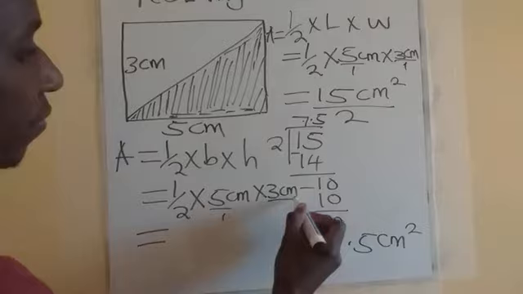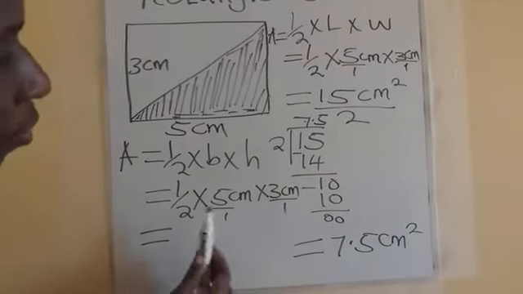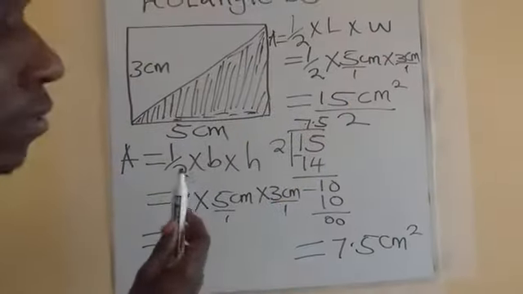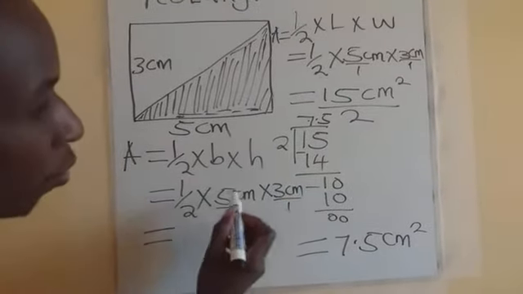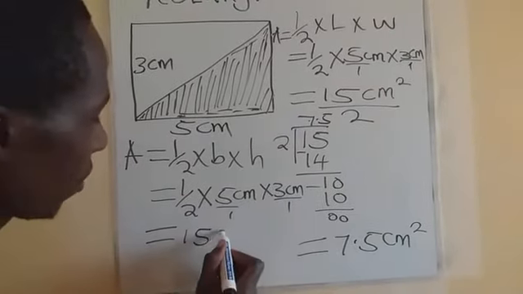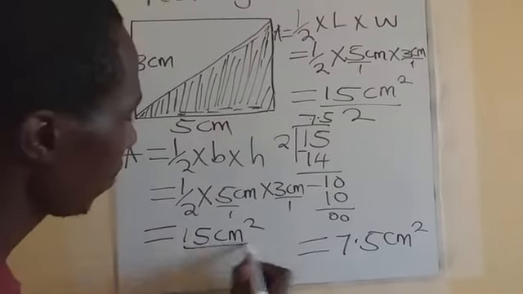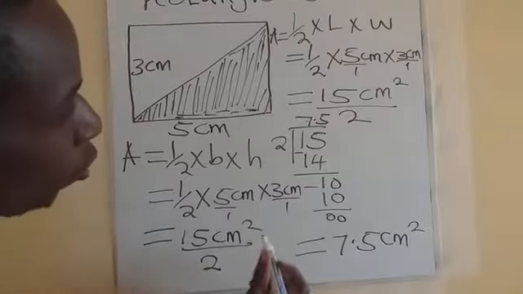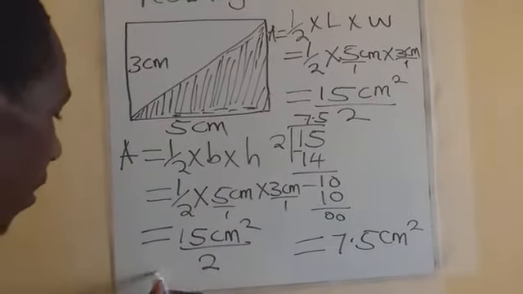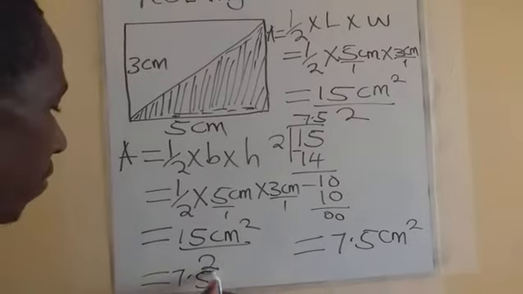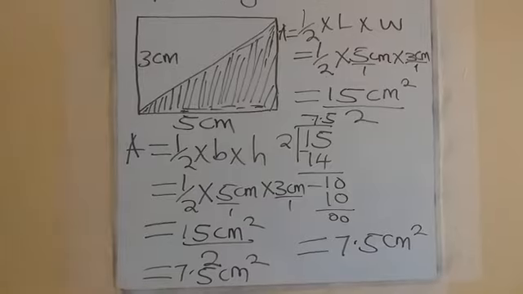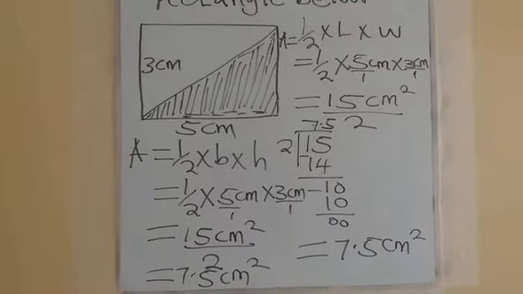Making these ones fractions, it takes you back to this one. So we get 15. 1 times 5 times 3 is 15 centimeters squared, divided by 2, which we have divided here using the long method, and the answer is 7.5 centimeters squared. That is all about the area of a triangle.